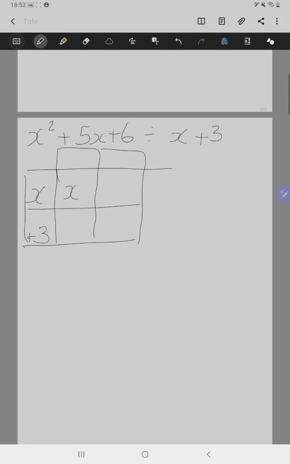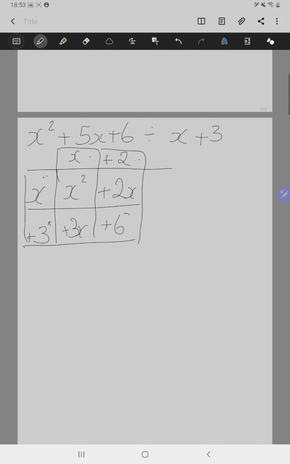So x into x squared will give us x, because x times x is x squared. 3 into plus 6 will give us plus 2. And now we multiply our rows and our columns to fill in the other two. So x by plus 2 gives us plus 2x, and this plus 3 by this x at the top gives us plus 3x.